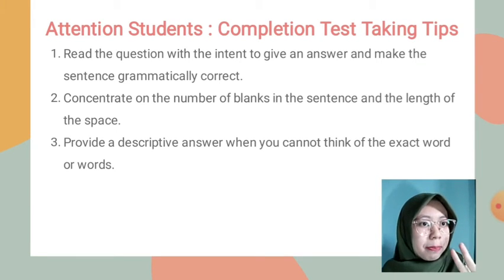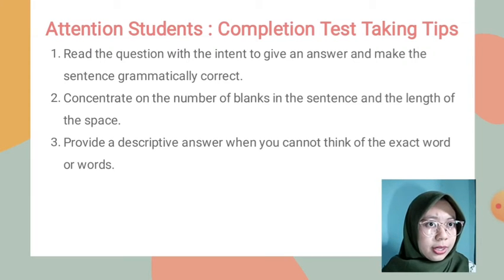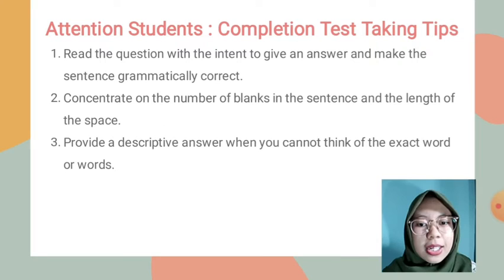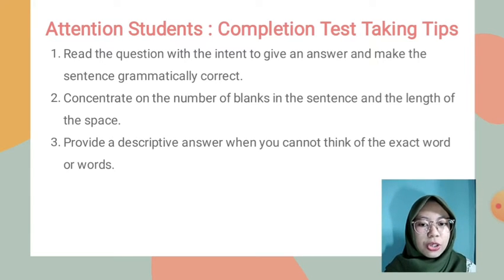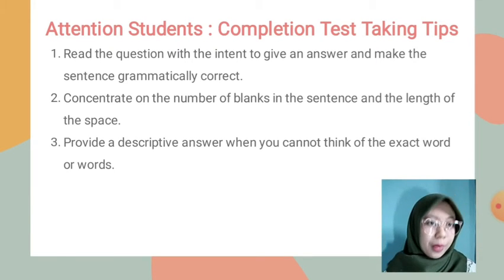And the third tip is provide a descriptive answer when you cannot think of the exact word or words. Okay? The instructor will often give you credit or partial credit when you demonstrate that you have studied the material and can give a credible answer even when you have not given the exact words. Okay? Now we are going to the next slide.